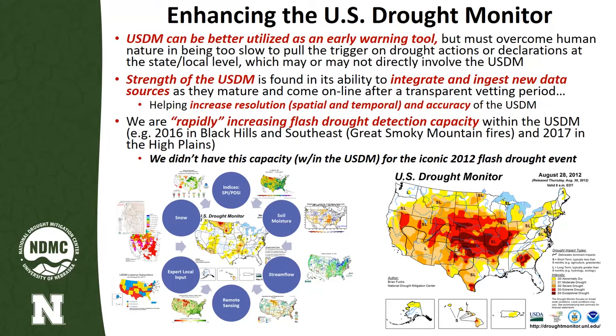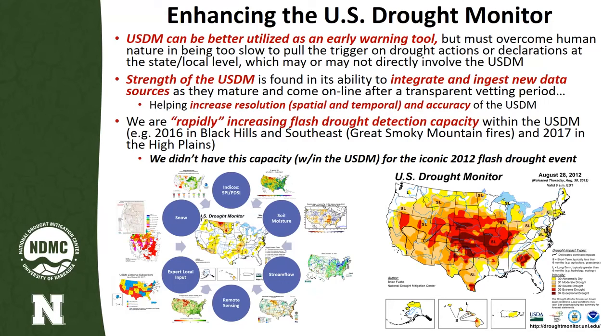We tapped into that community to evaluate those products I showed on the prior slide. And once we saw and felt comfortable and trusted them, we began to integrate and ingest them into the U.S. Drought Monitor to help our spatial and temporal resolution and accuracy.